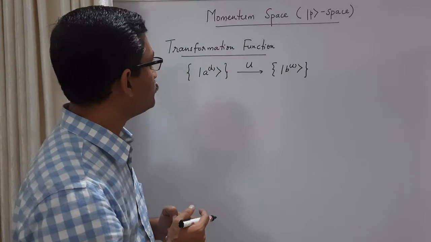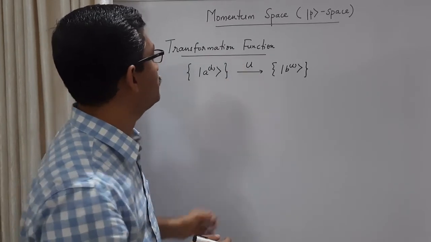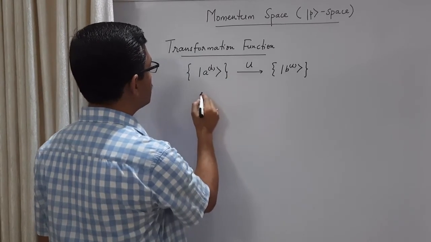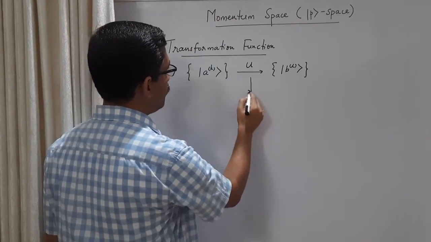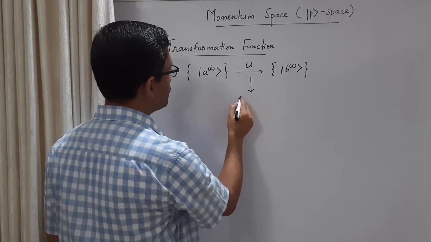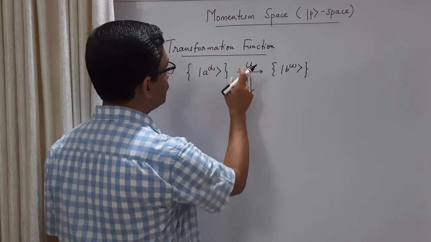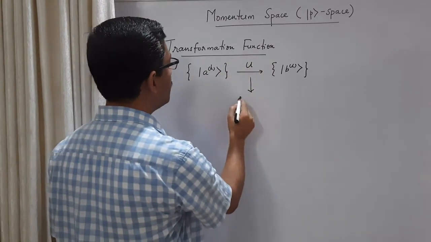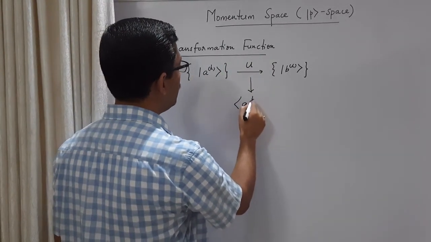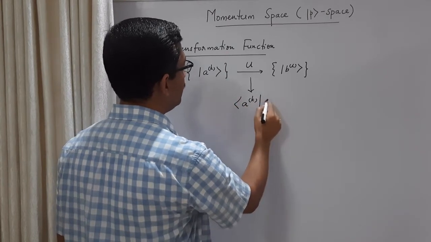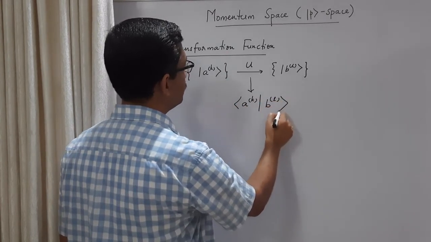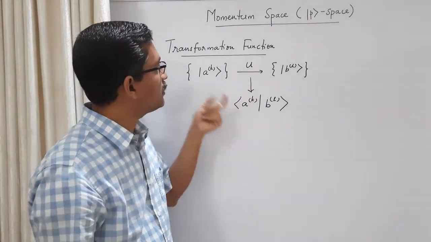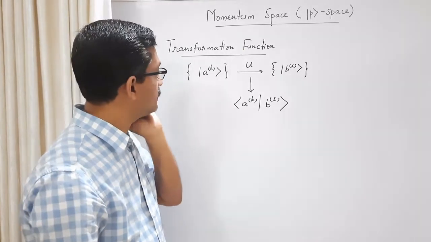In particular, each matrix element of this unitary operator in terms of the old basis is obtained as the bra a_k, ket b_l. These are the matrix elements of this unitary operator in the old basis set.